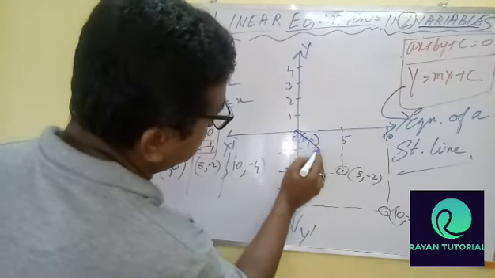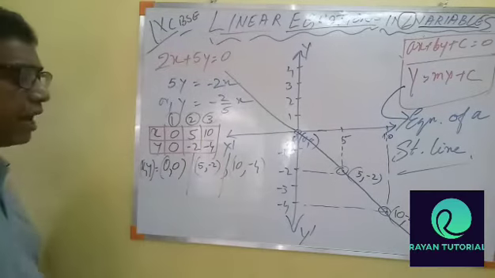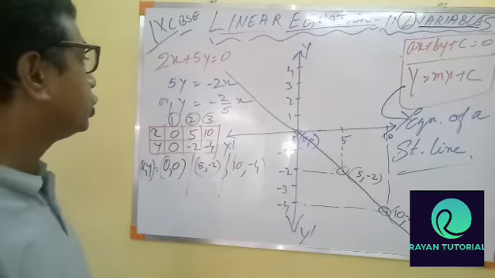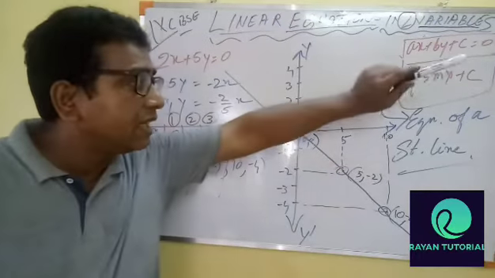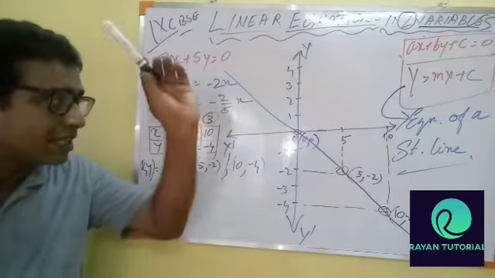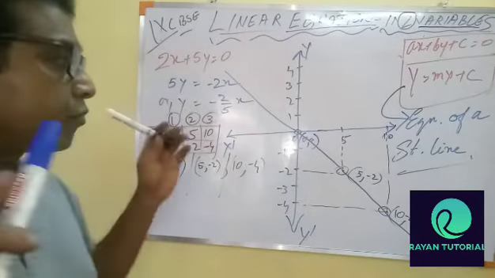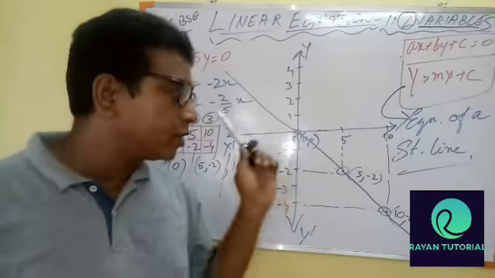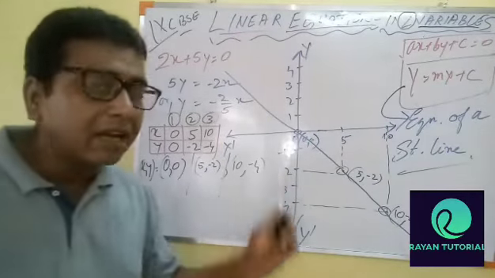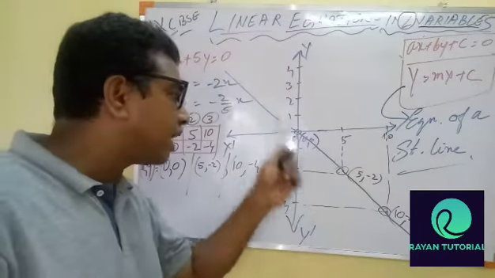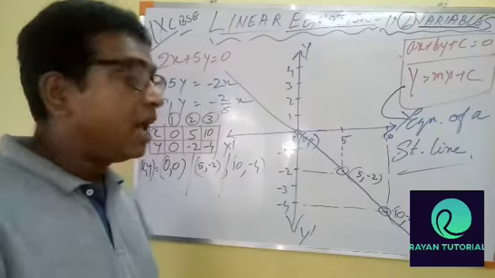If you join these 3 points, you will be getting a straight line. Why? Because you took the equation into y equals mx plus c form, and y equals mx plus c is nothing else but an equation of a straight line. Clear? So whenever you solve this type of problems in the graph, you will always find a straight line after joining the 3 points.